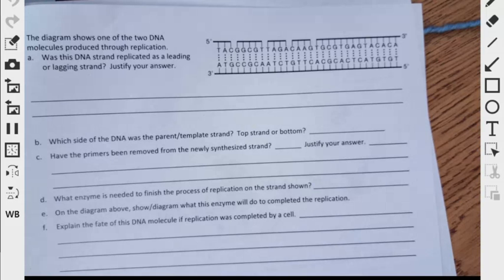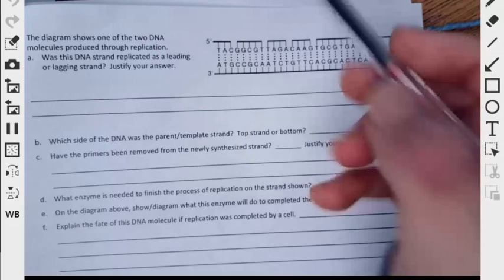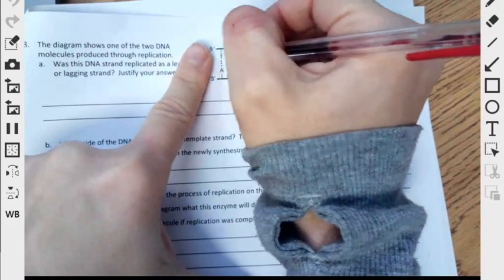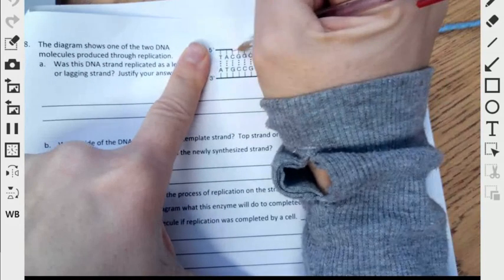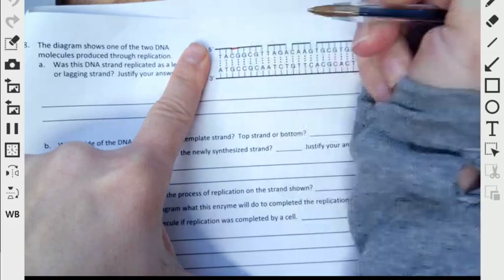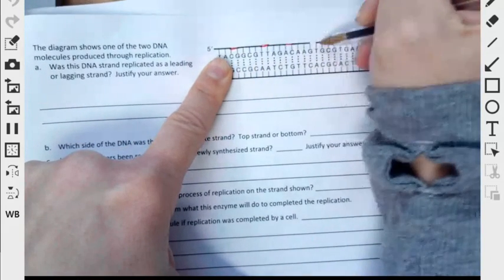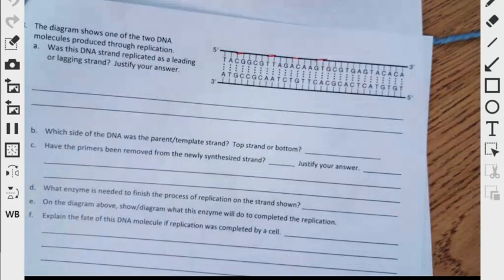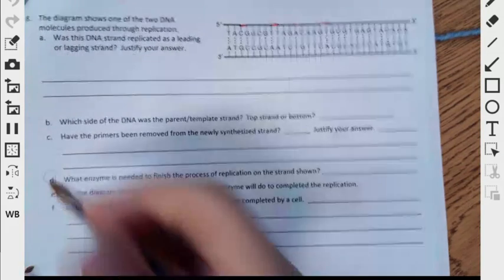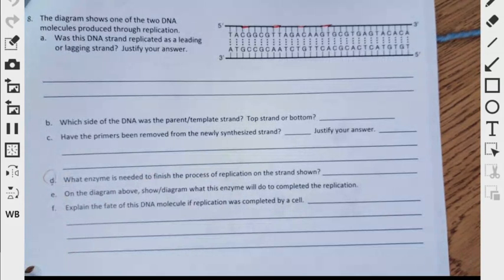And really, we're waiting for the last step. We're waiting for the ligase to come and take these 2 nucleotides and join their phosphates and sugars with a phosphodiester bond. So we need this to come in and happen, right? So D says, what enzyme is needed to finish the process of replication on the strand shown?